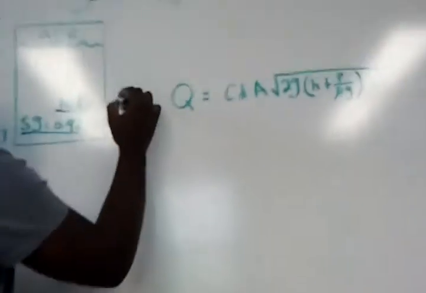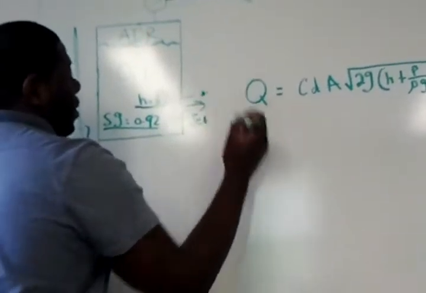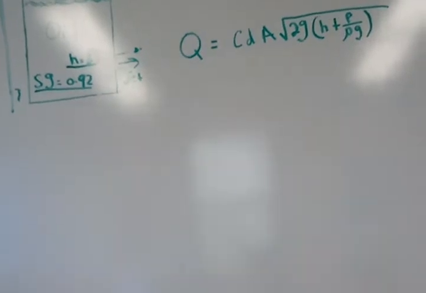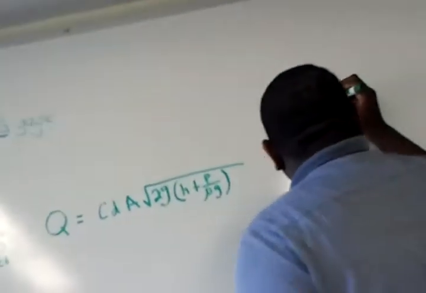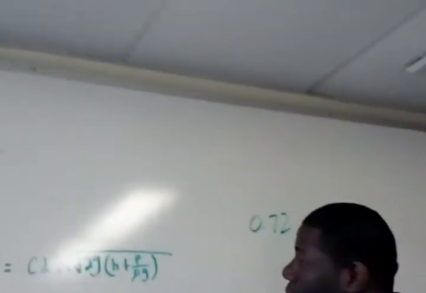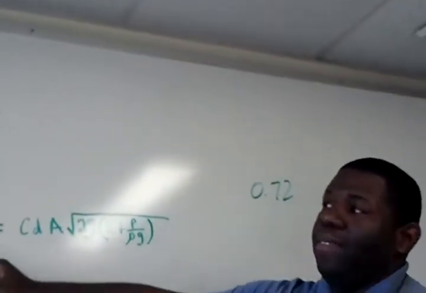The jet is what we don't have here. We don't have the area of the jet, so we're going to find that. We're going to take the coefficient of discharge to be 0.72.